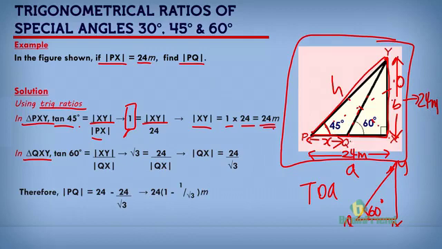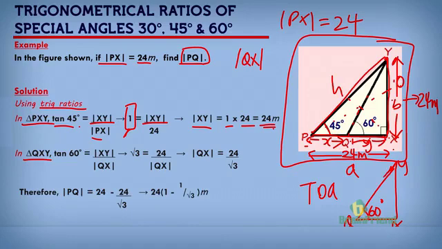We know line PX already to be 24. If we can find line QX, we'll simply say 24 minus QX will give us line PQ. 24, which is the full length, minus this length here, will give us the length that we require. So we're going ahead to try to find line QX.